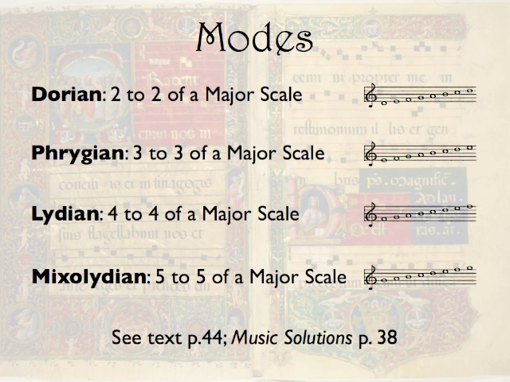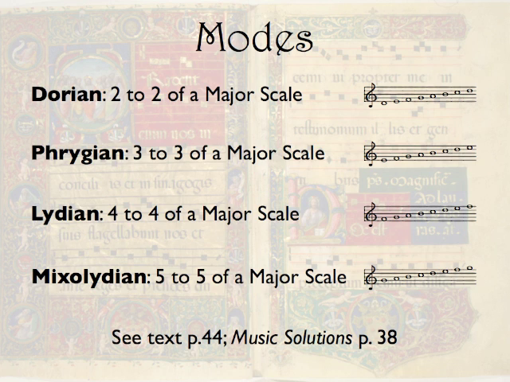So the Dorian mode is the same as going from 2 to 2 of a major scale. So in this case, there's no sharps and no flats, so that would be a C major scale, but instead of starting on C, you start on D and stay all on the white keys, and that will be a Dorian mode. If you start on the third note of a major scale, all white keys starting on E, that's a Phrygian mode. 4 to 4 of a major scale is Lydian, and 5 to 5 is Mixolydian.